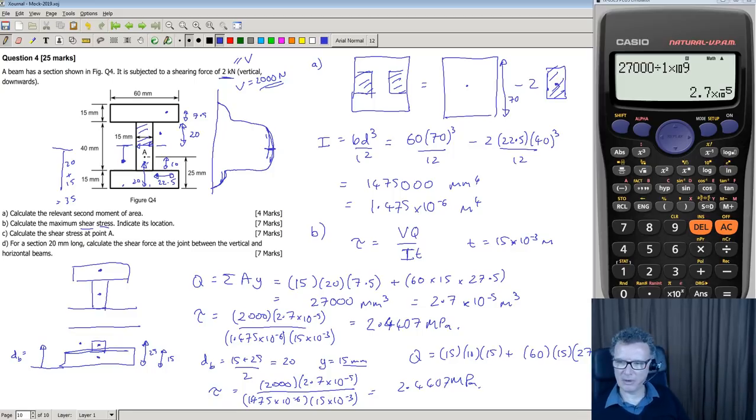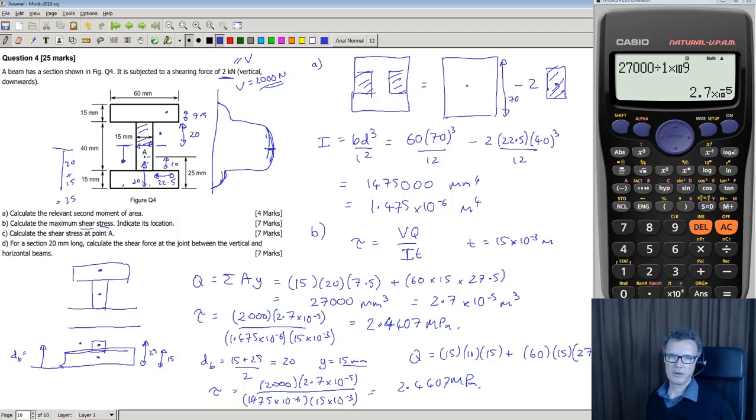So 15 times 20. Yeah, the previous answer was wrong. The centroid will be 10, not 7.5. Ho hum.